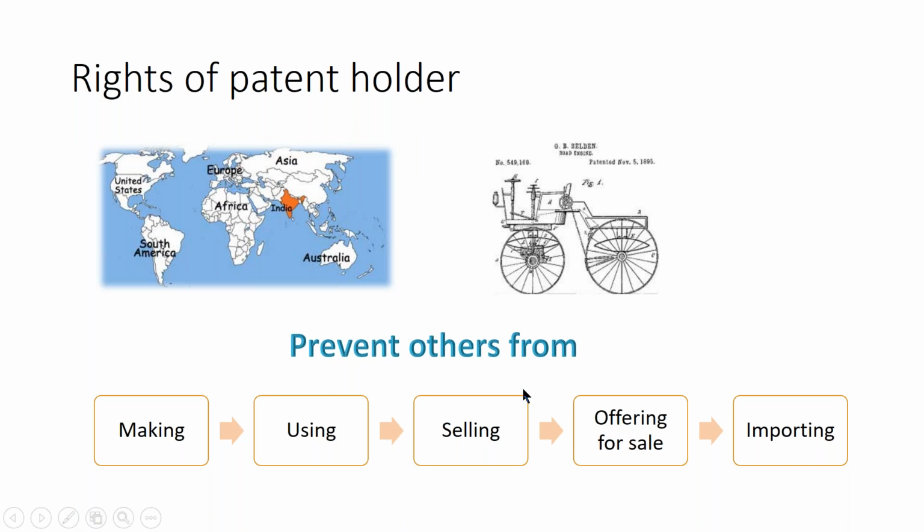But from the rights of the patent holder, you can interpret the definition of infringement. Infringement is nothing but violation of these rights of the patent holder. So if you make any product for which there is an Indian patent, that means you are violating somebody else's IP rights.